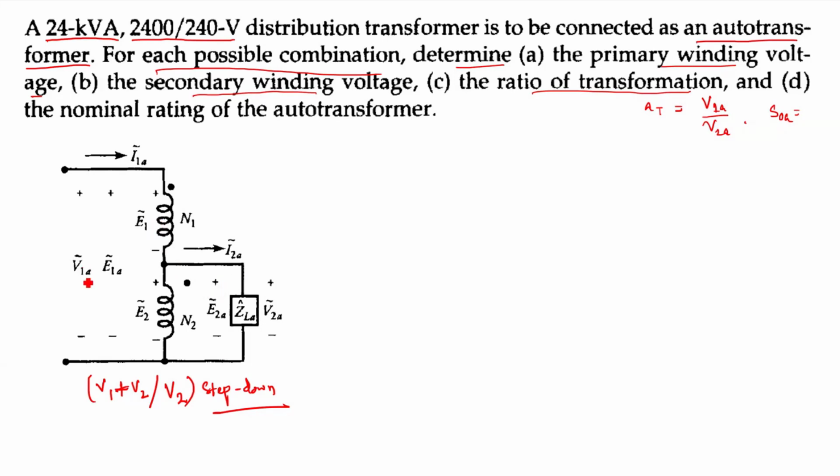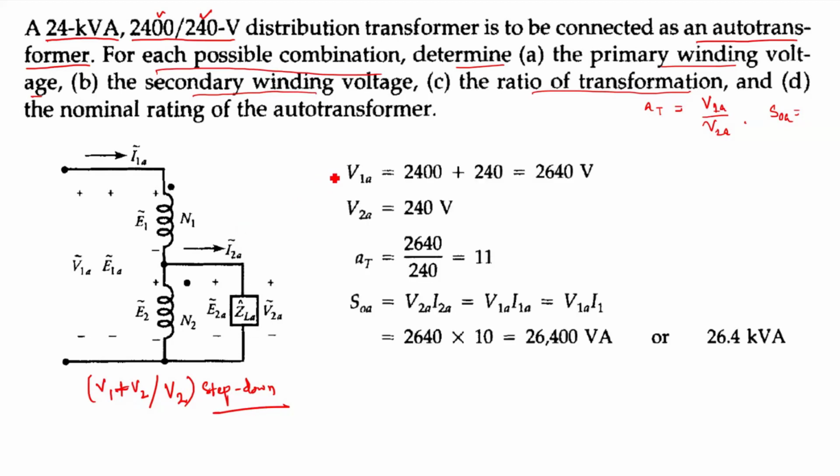So your V1A is nothing but E1 plus E2, right? Or I can say V1 plus V2. And V2A is nothing but it is equal to E2 or else V2, right? So easily the rated voltage is given for this transformer. Now I can find V1A will be equal to V1 plus V2, right?